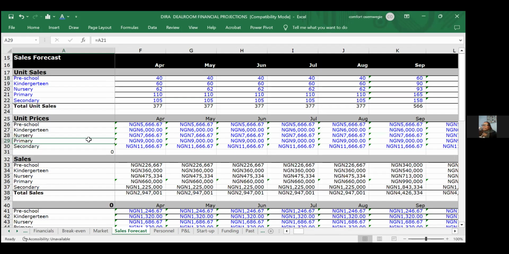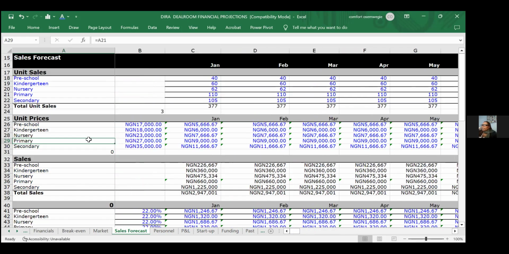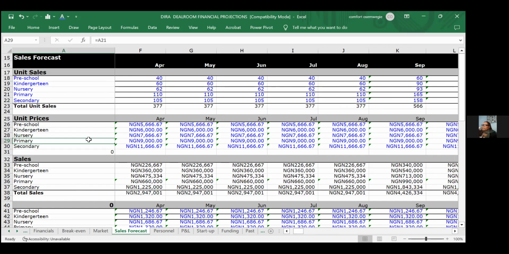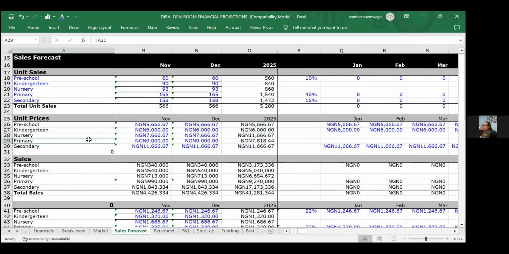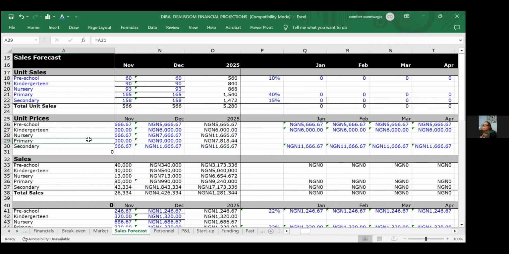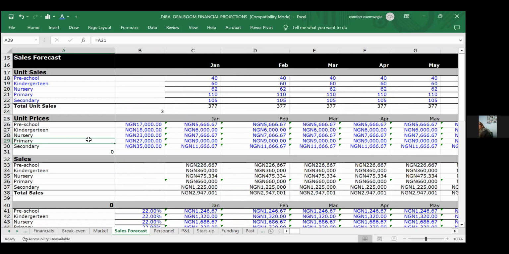So this is sales forecast. Again, this page explains what you will do from January to December in terms of the number of unit sales. How many preschool students would you have in January, February, March, April?